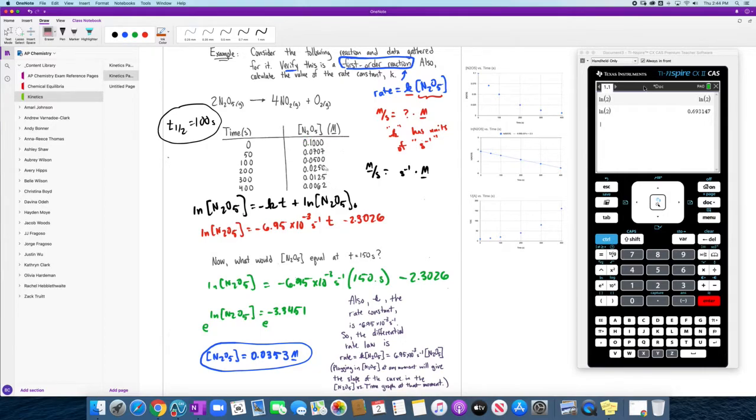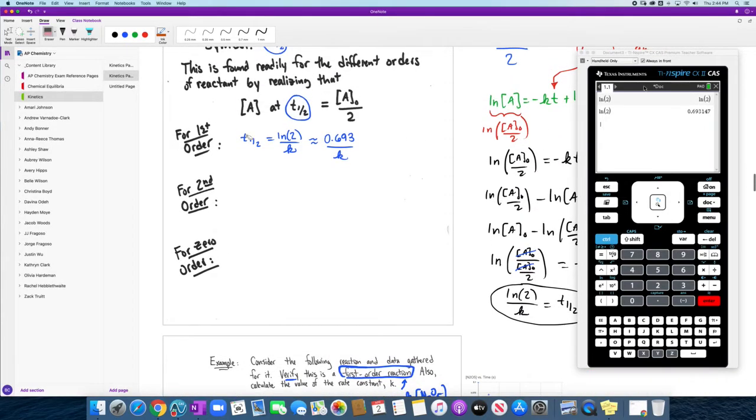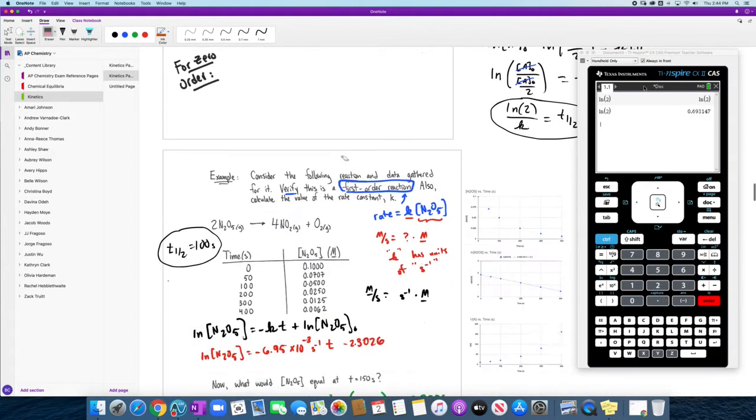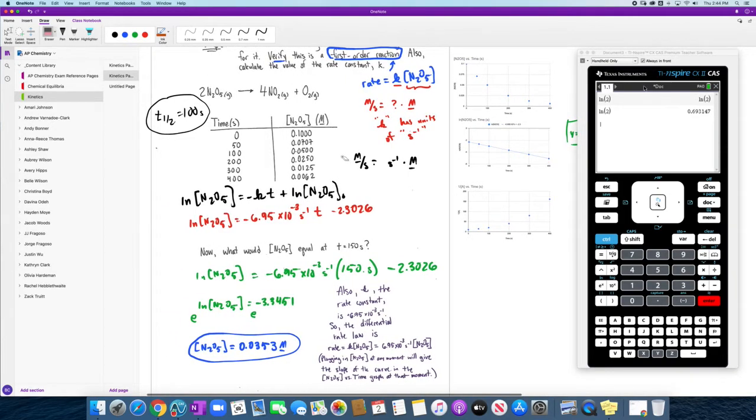Now, that's clear from the data, but what we've just learned is there's another way that we could calculate this. For a first-order reaction, the half-life is equal to 0.693, which is the natural logarithm of 2, divided by k. So let's see if that's also true. Since we know what k is from the slope of this line, it's the negative slope for this particular line, that's also a way we could figure it out.